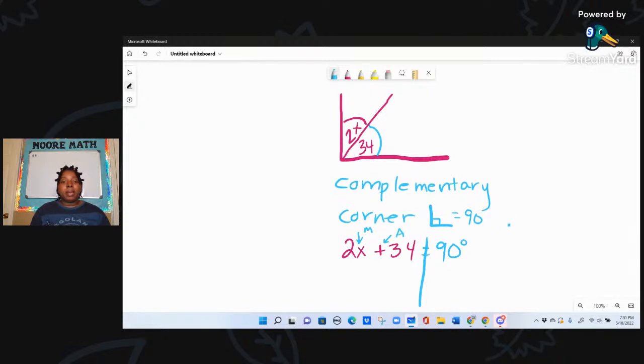All of this stuff is in my way. I want x by itself. So I need to get rid of this 34 and this 2. That means I have to work backwards. To get rid of this plus 34, I need to do the opposite. I need to subtract 34 on both sides.